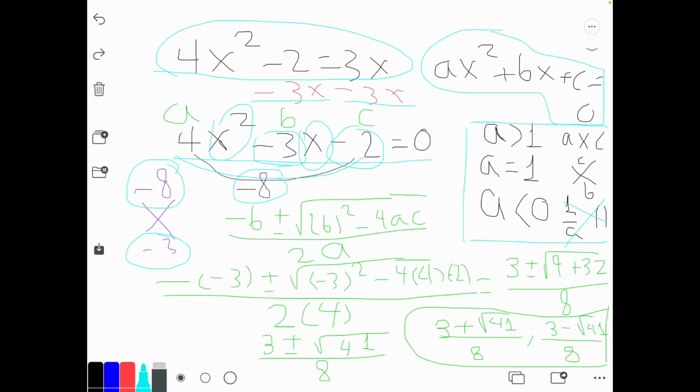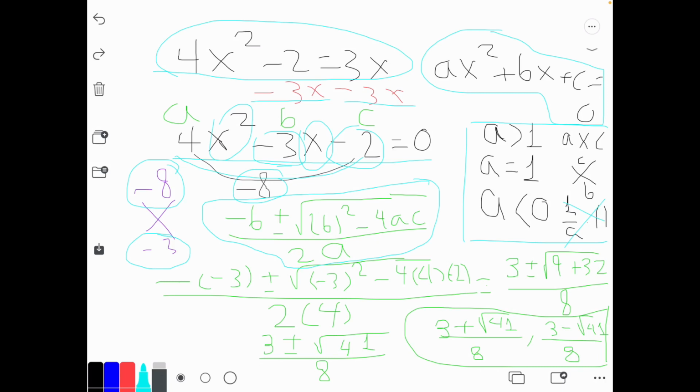So you're going to use the quadratic formula, which is minus b plus or minus the square root of b squared minus 4ac, over 2a. Again, if you identified your a, b, and c, it's going to help you. We use minus b, and our b is minus 3, so it's the reverse of that, positive 3.